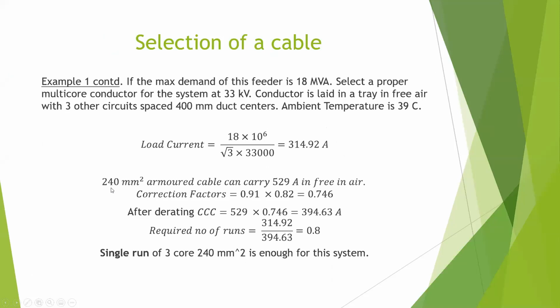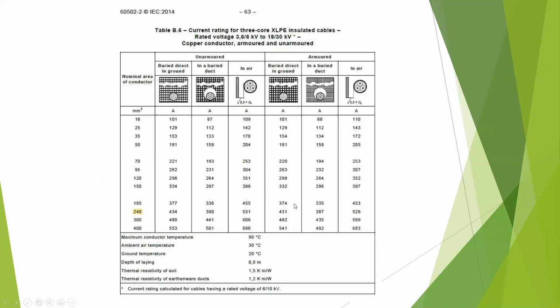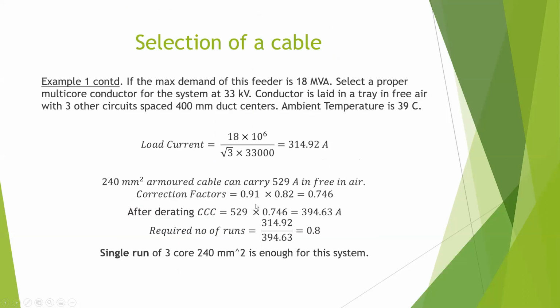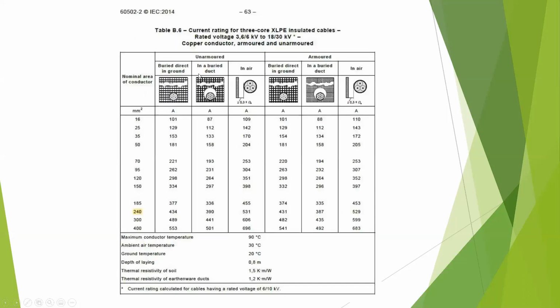And you know from the table, 240 millimeter armored cable can carry 529 in air. So we took that value earlier. If the question does not specify armored or unarmored, you can take anything; you just write what cable you took.